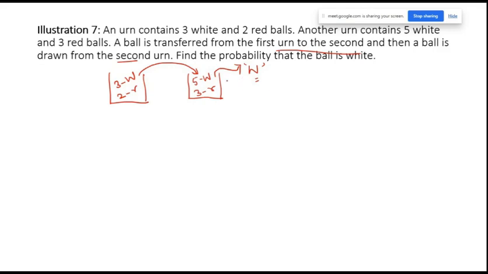So let us first define the events. Let W be the event that the ball drawn is white.